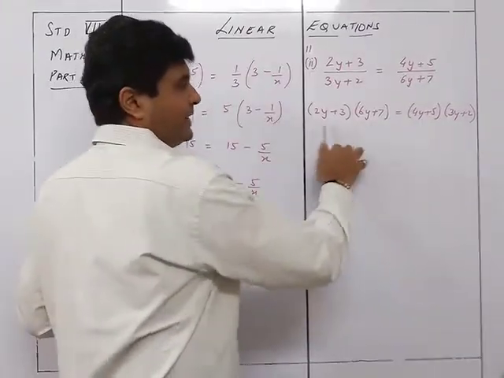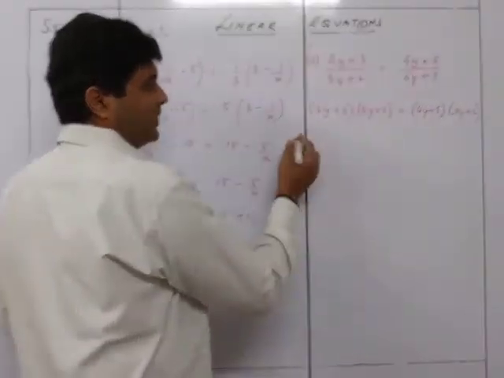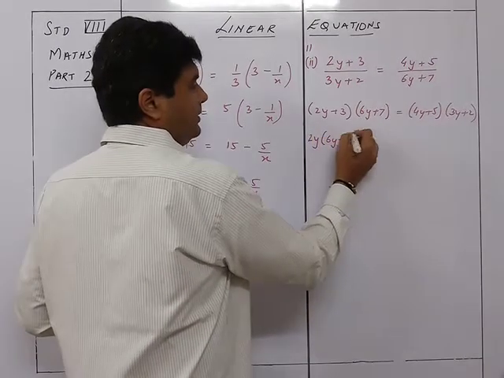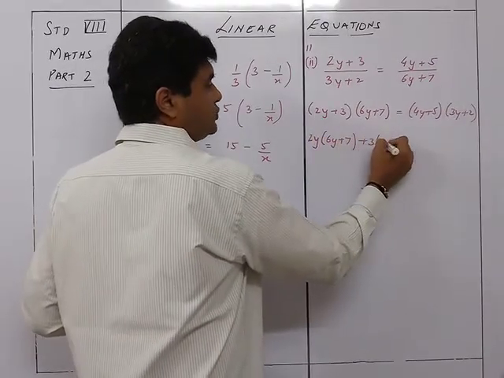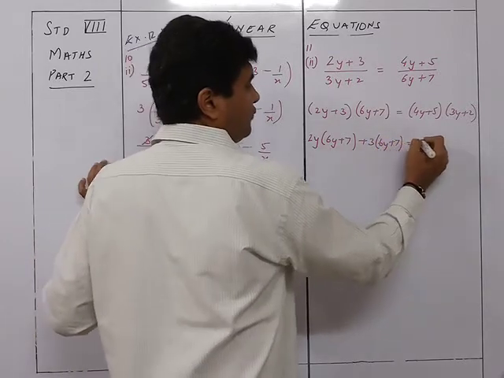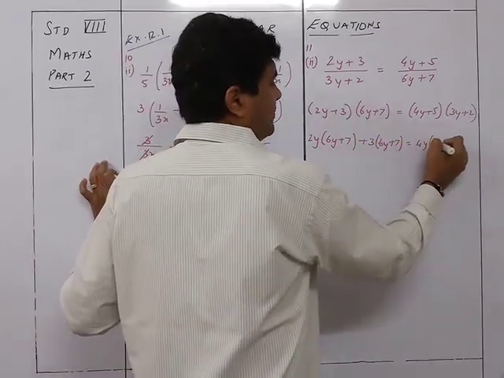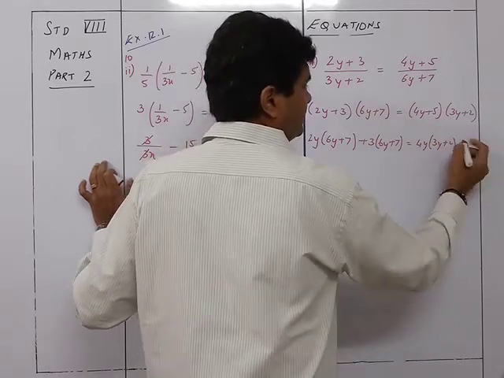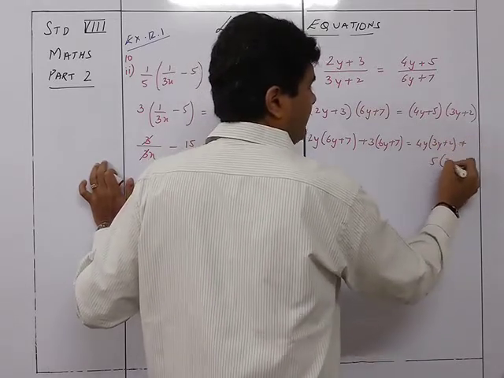Now I'm going to multiply the binomial to binomial. So how will you multiply? It will be 2y into bracket 6y plus 7, plus 3 into 6y plus 7, is equal to 4y into bracket 3y plus 2, plus 5 into 3y plus 2.